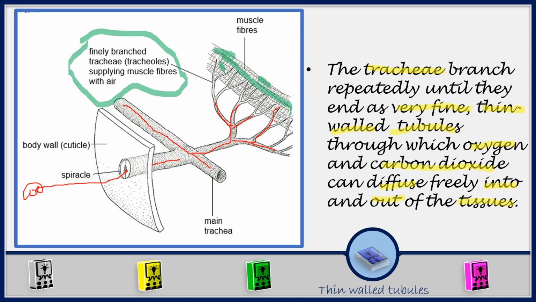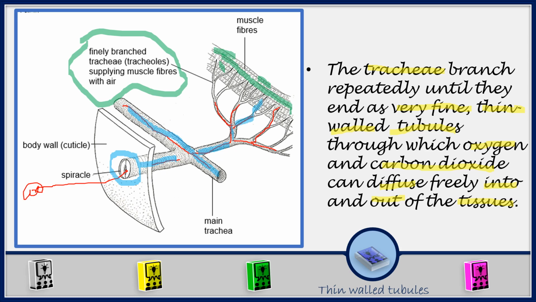So the journey starts from the spiracle. From the spiracle, it passes through the body wall, and then it goes to the trachea. The trachea is divided into many divisions, and those divisions now will branch and divide into smaller tubules.